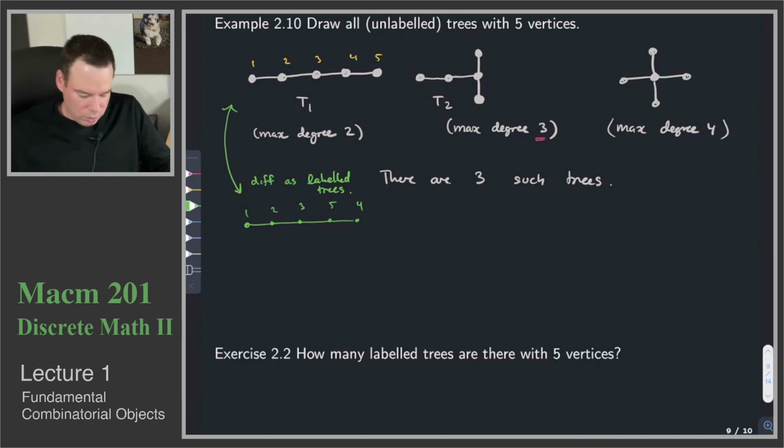So now this question of how many labeled trees are there, it's about how we can throw labels on these. And I'll leave that as an exercise for you to ponder.